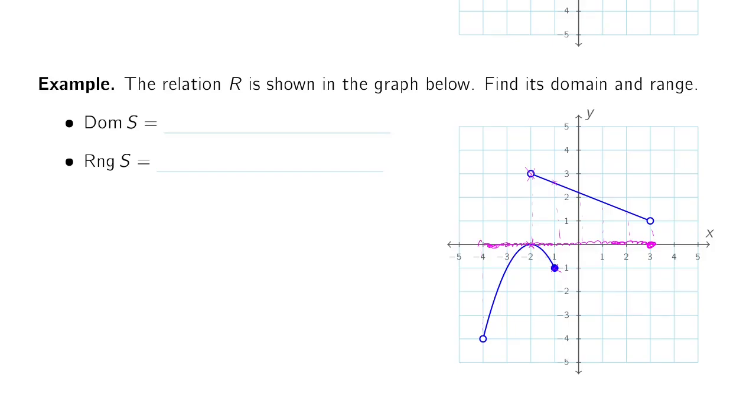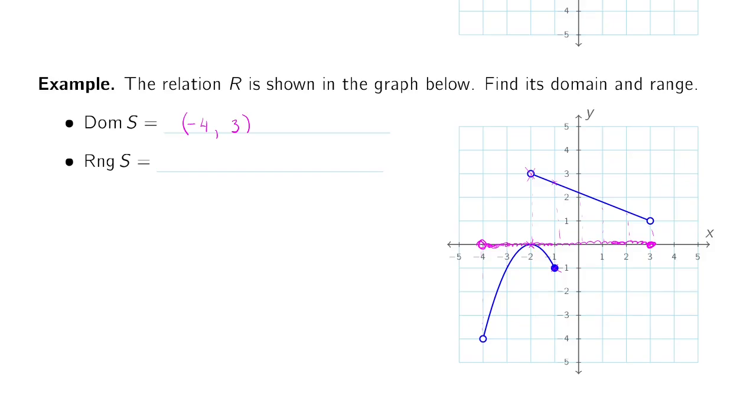Then -4, again, we have an empty dot because there's no actual point that projects onto -4. So the domain, we have just one interval. At the left, we have a -4 with an empty dot, so we have a round bracket. At the right, we have a 3, again with an empty dot, so we have a round bracket.